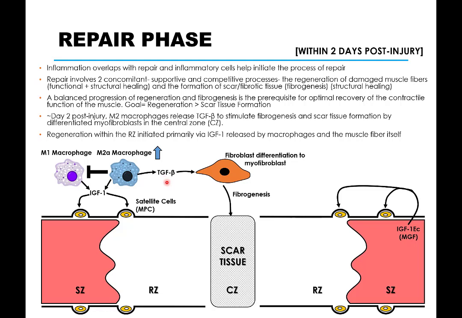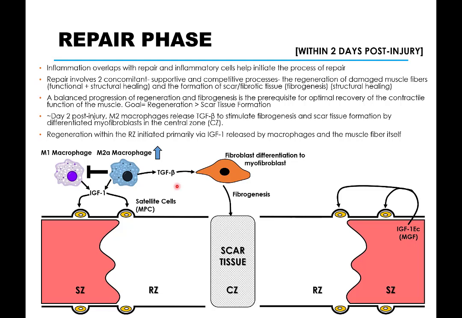TGF beta, upon its release, interacts with respective receptors which are highly expressed on the membranes of fibroblasts. Fibroblasts are a type of cell that synthesizes connective tissues and ECM. In particular, it is the major manufacturer of collagen proteins and thus collagen fibers. In other words, fibroblasts perform fibrogenesis.